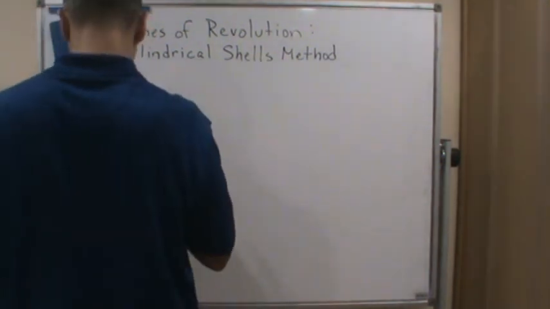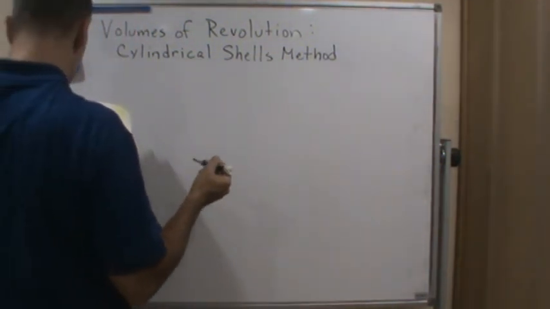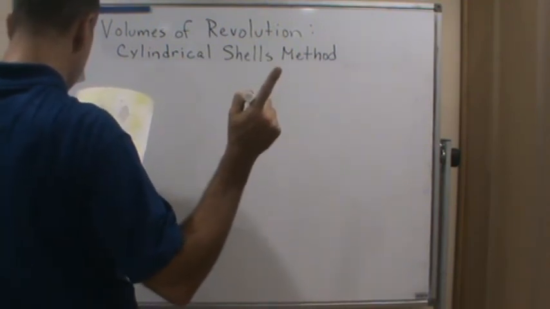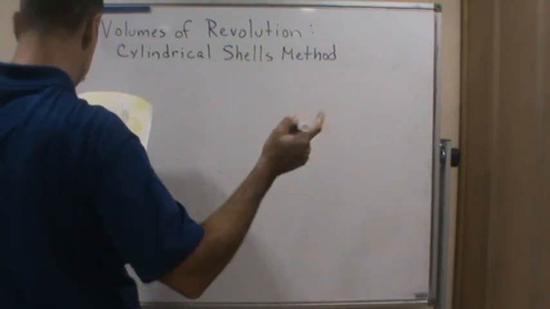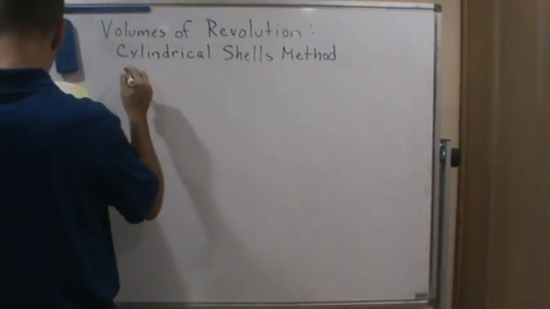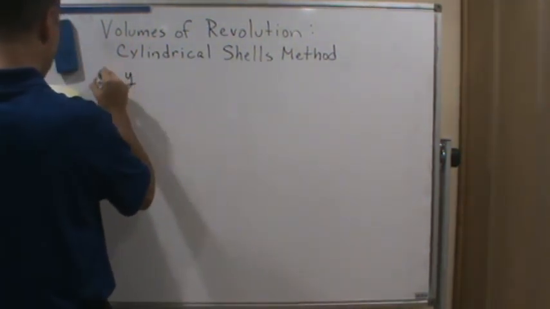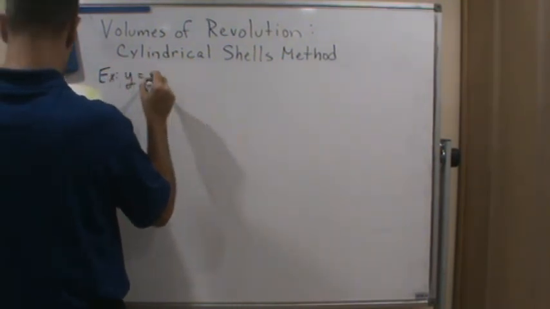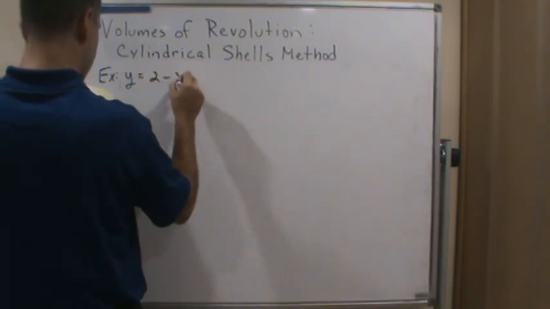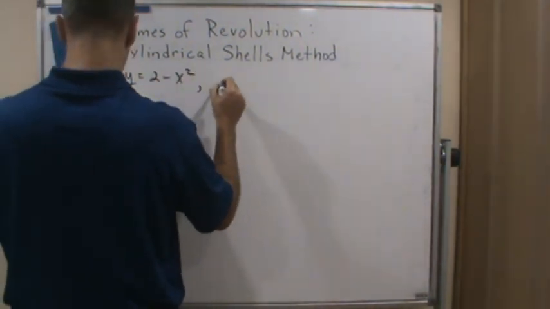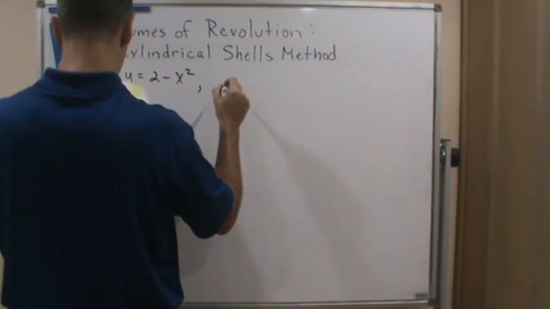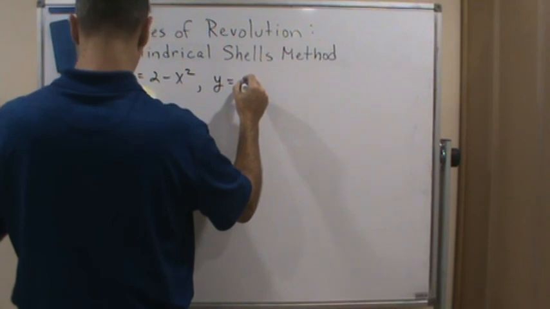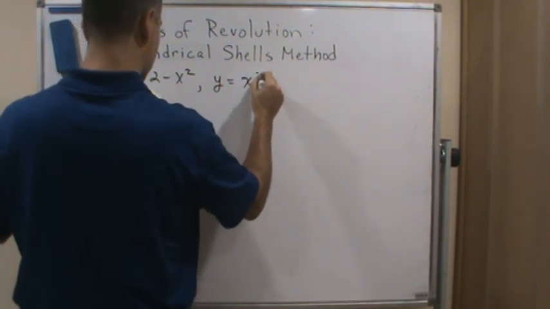So here's the region, right? So they want you to set this up, and here's the bounded region, and it's going to be around the x-axis. So it's going to be the region bounded by y equals 2 minus x squared and y equals x squared.